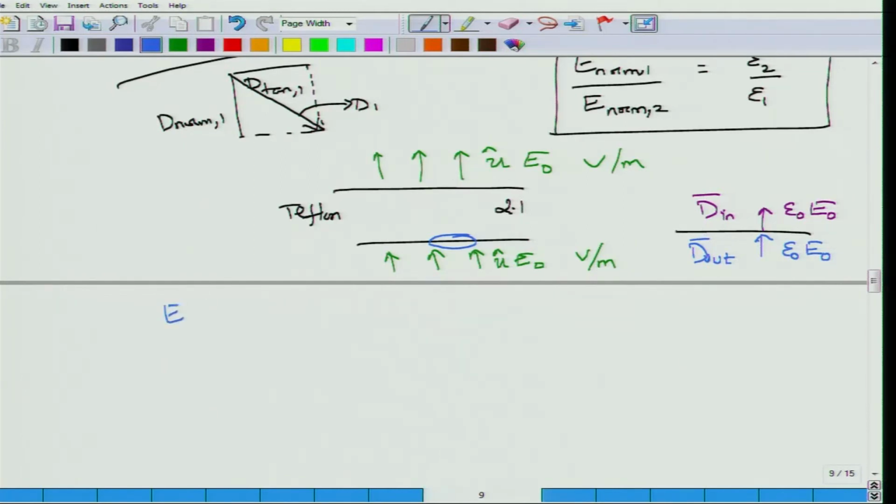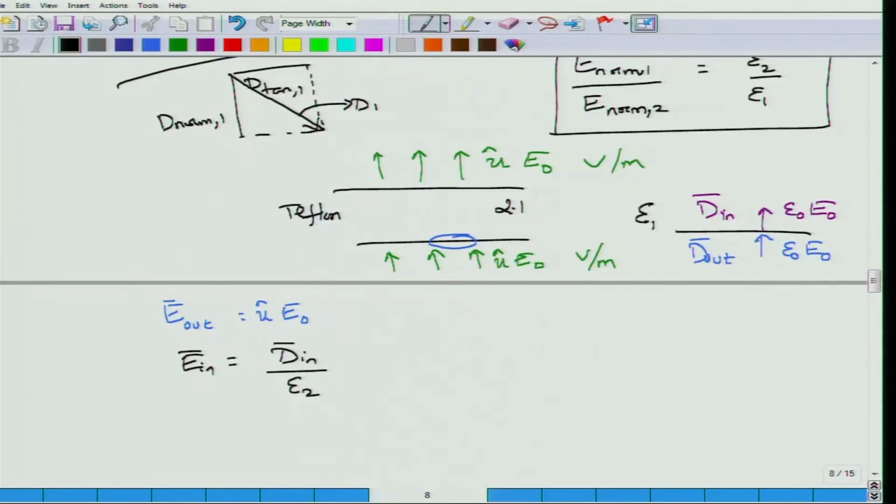What happens to the electric field? Well, the electric field outside is E0, directed upward. What about the electric field at the boundary? Well, there is no tangential electric field continuity for me to find the relationship. So I have to go back to the relationship between D in and E in, right. So E in will be equal to D in divided by epsilon 2, if I assume that this is epsilon 2, or rather let us call this epsilon Teflon, since this is a Teflon slab.